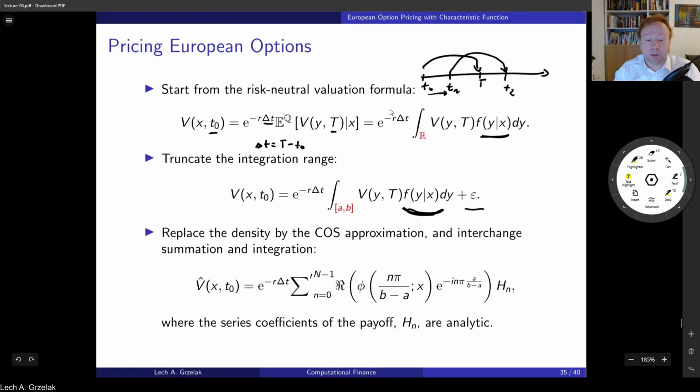This is what we see here. We have a summation of real parts of a characteristic function that depends on x, then we have the exponent with i n pi (y minus a) over (b minus a), and then we have this coefficient H_n. This coefficient H_n will include the integral from this expression, because we are integrating over this density, so H_n needs to represent that integral.